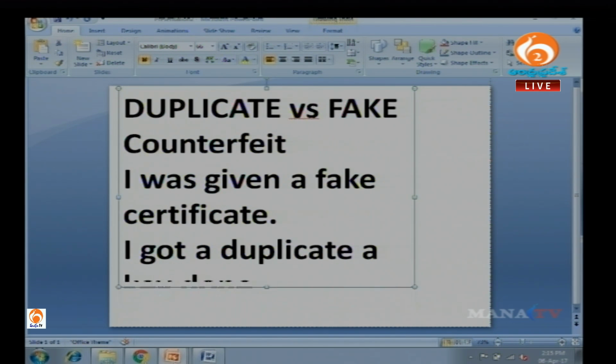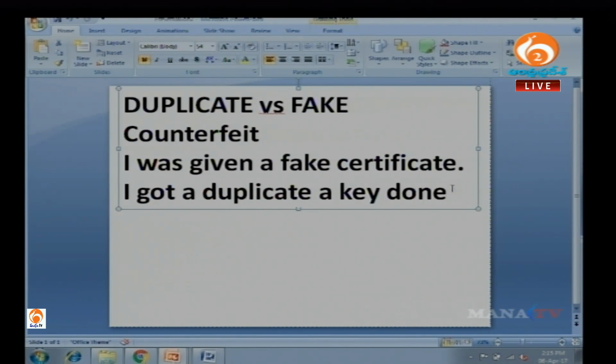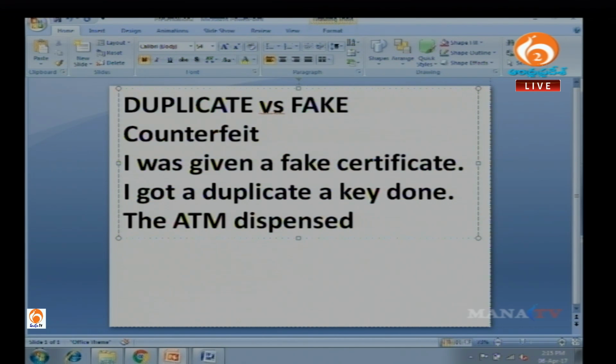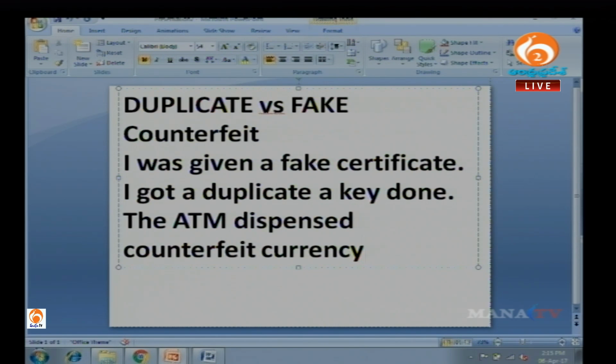All these are appropriate because I'm using the right form of the word. I got a duplicate key done. I was given a fake certificate. The ATM dispensed counterfeit currency. Now, I cannot use the word fake or duplicate when it comes to currency.